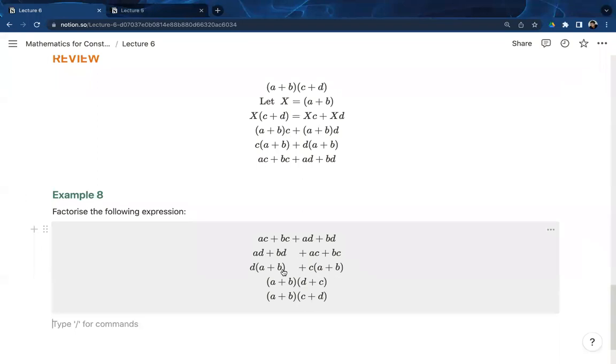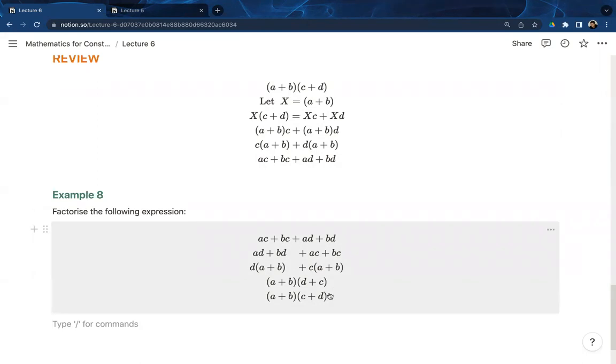A plus B is a term common to both sides of this plus sign. I pull out A plus B, so now I have A plus B by D plus C, and instead of D plus C, I could write C plus D.